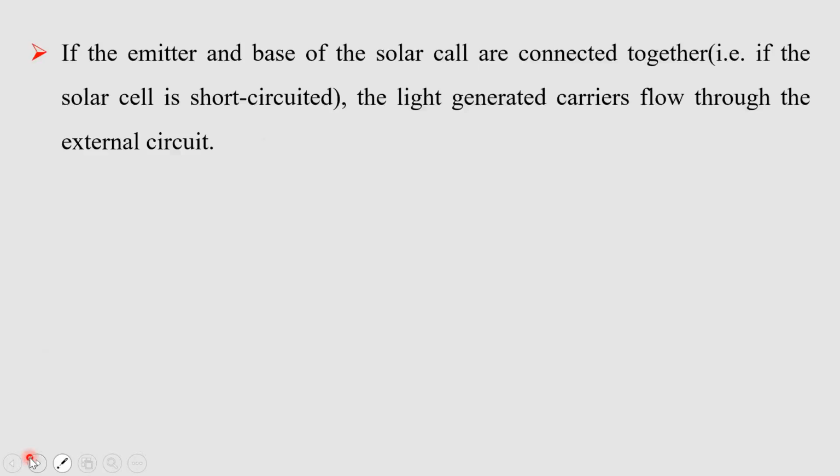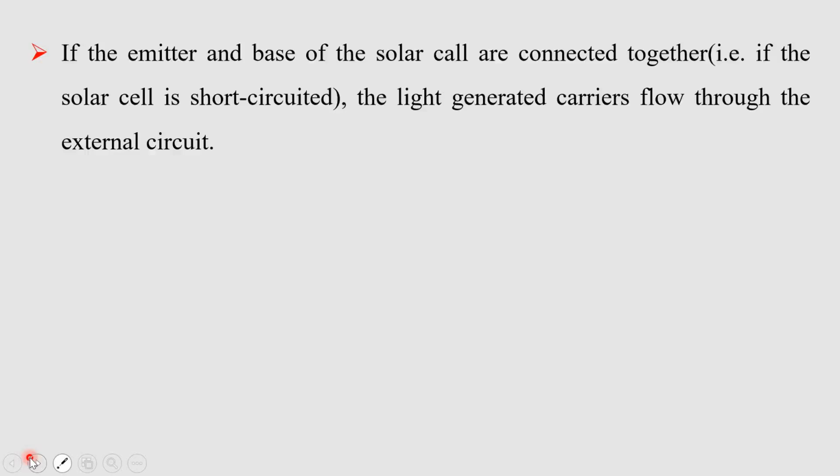If the emitter and base of the solar cell are connected together, that is, if the solar cell is short circuited, the light generated carriers flow through the external circuit.